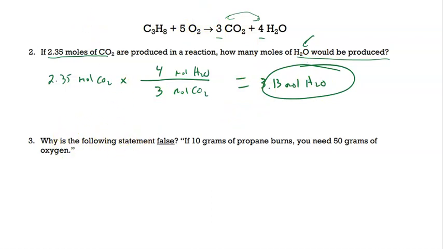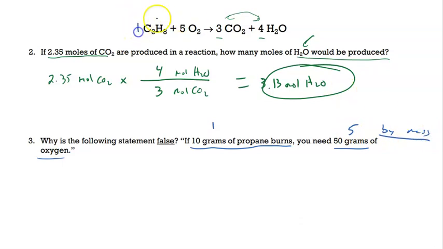All right. Number 3, it says, why is the following statement false? If 10 grams of propane burns, you need 50 grams of oxygen. Okay? Now, basically, that is a 1:5 ratio by mass. Okay?